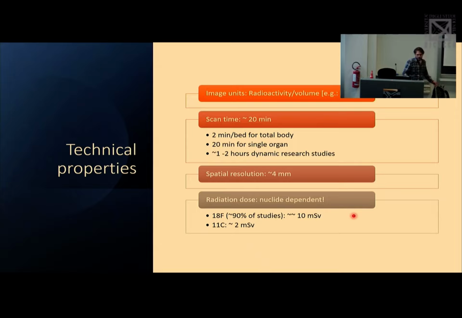Now, let's summarize this modality like we did with other imaging modalities.